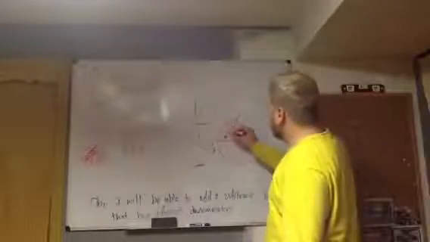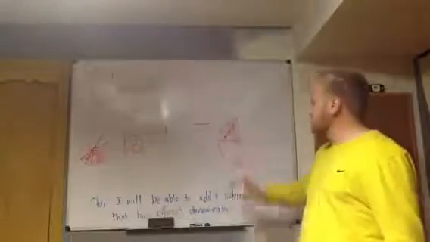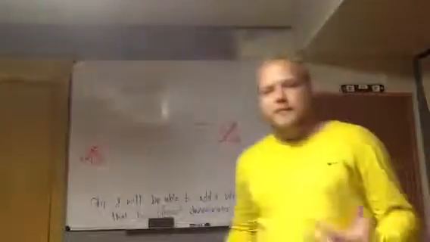So I have 1, 2, 3 pieces. So that top becomes 3, and the bottom is 12. Now, both of these wholes are split into 12 different pieces. And since they're the same size pieces, now I can add them.